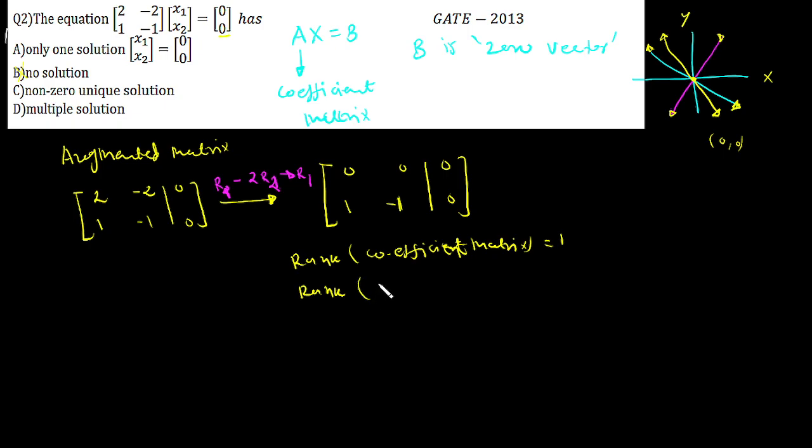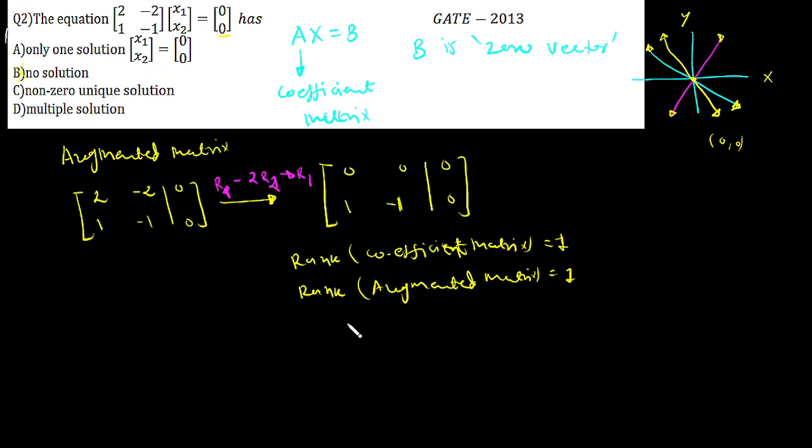So again it is exactly the same as the rank of the coefficient matrix. The rank of the augmented matrix is also 1. Now from the basic concept of the solution of simultaneous linear equations, we can say if this condition holds, then the system is consistent, and it always holds for a homogeneous system because the system is always consistent. But we are not sure whether we are getting a trivial solution or infinite solutions.